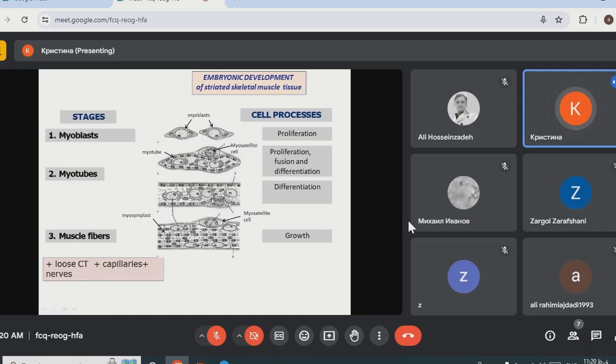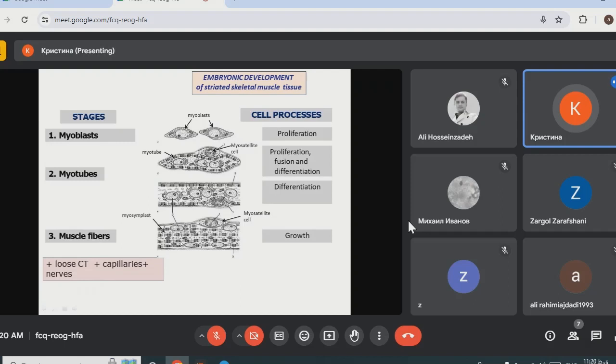Next, myotubes grow, increase in diameter because of the start of formation of myofibrils and other organelles needed to form the inner structure of the future muscle fiber. And in the end, you have a muscle fiber, which consists of myosymplast, inside which nuclei move to the periphery, and they stay at the periphery of the myosymplast.